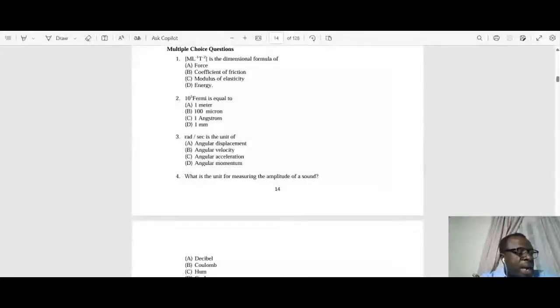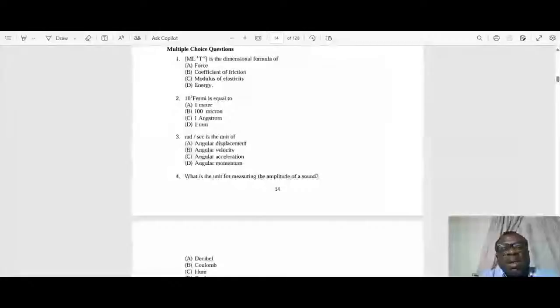So let's now analyze that. Newtons per meter squared. Newton is what? Force. Newton is force, and force is mass times acceleration.